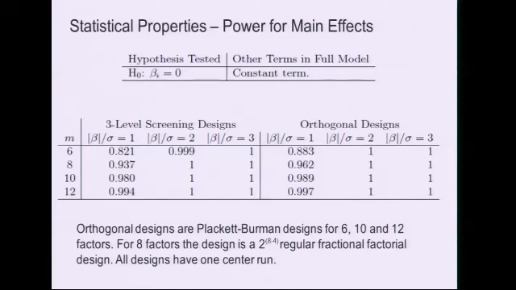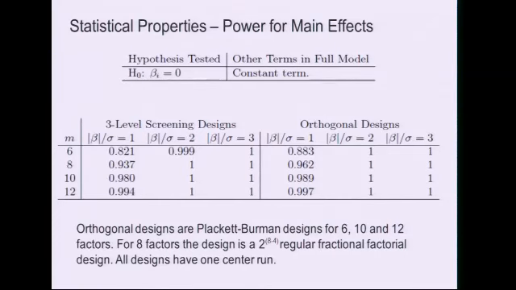So one thing you might ask is, well, how well can you estimate various effects, and are you going to detect an effect if it turns out to be active? So Chris and I did power studies of various types. This first power study is just looking at the power for detecting a single main effect, given that the intercept is in the model.